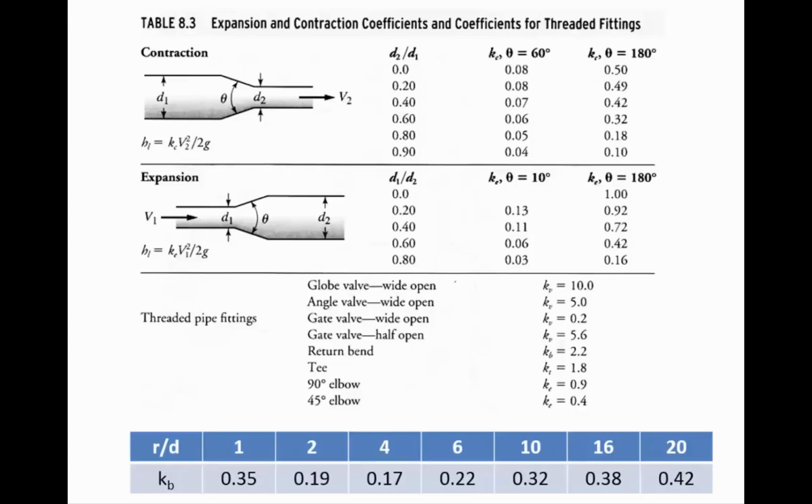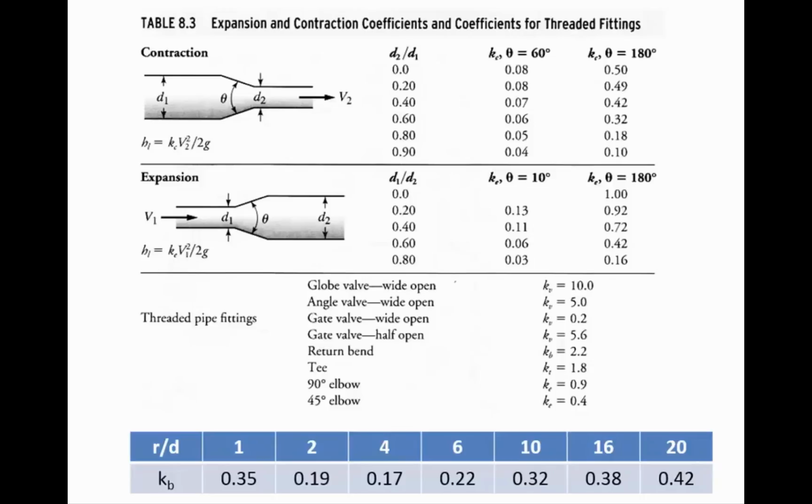By radius, what we're talking about is this distance out to here. That's the R described in this bottom table, and the D is referring to the diameter of the pipe. So when you've got a transition like this, you need to consider how long the radius is relative to the diameter of the pipe. And now here are the K values.